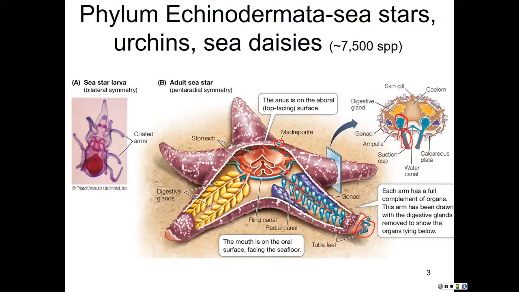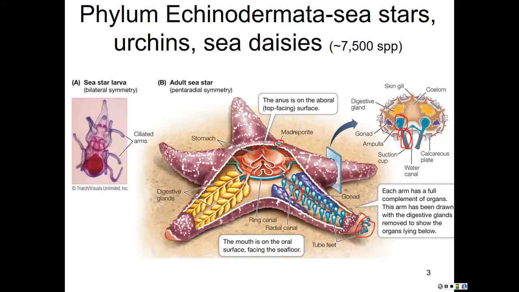So a couple of other things. These organisms, although you might look at it and say that has radial symmetry, it doesn't. It's actually considered bilaterally symmetrical. It is a special kind of bilateral symmetry we refer to as pentaradial symmetry, but this is considered a subtype of bilateral symmetry.